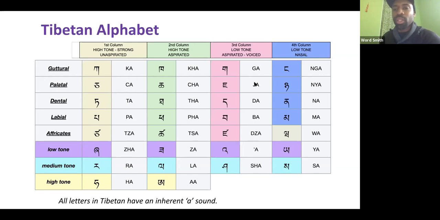So that's the third column, and it's lower. These are all ka, ka, ka. So you have to make it lower in tone, because later you will learn versions of these letters that in some cases change tone. If you don't learn it right in the beginning, your Tibetan will sound muddled.